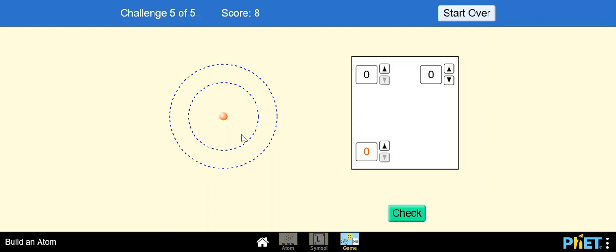Finally, ooh, this looks almost too simple to be true. I've got 1 proton. Atomic number is 1. I don't have any neutrons. So 1 plus 0, 0 neutrons will get me my mass of 1. Remember, it's the protons and the neutrons that have the mass. And I don't have any electrons.